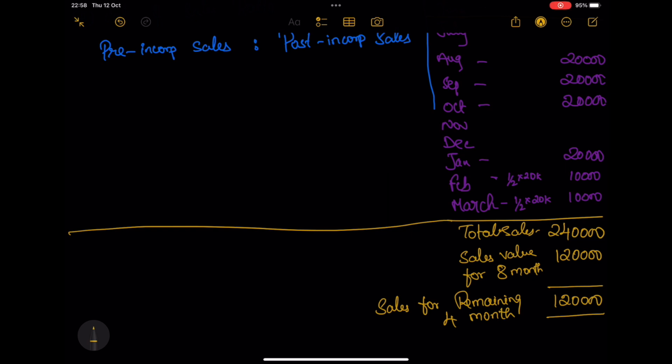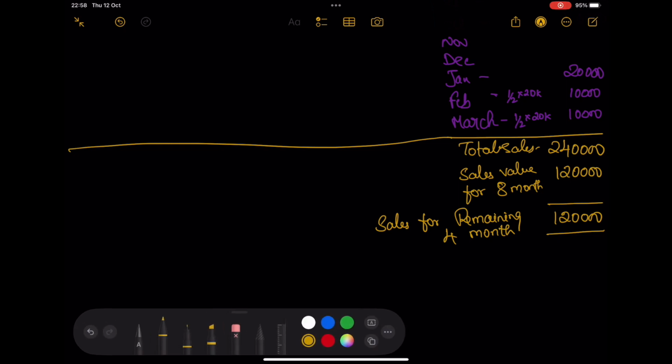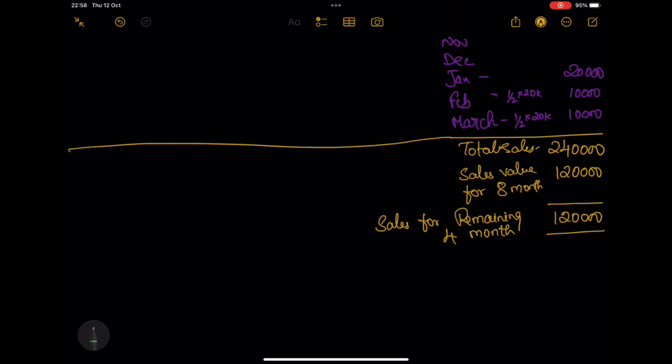I'll write it here. So these are the sub working notes where you will be calculating the values. So for this we are supposed to calculate average. So this is the total sales for 4 months. How much did we get? We got it as 1,20,000.